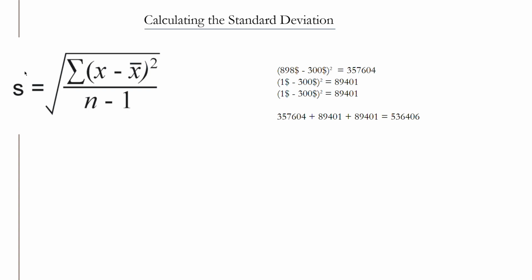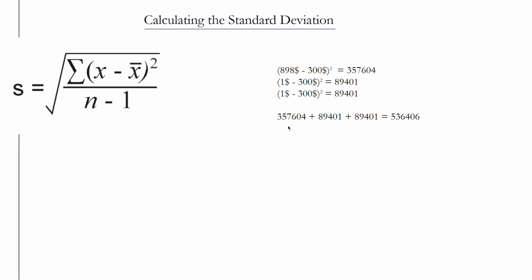But be aware, this is the formula for the standard deviation of a sample. In our case here, we are actually finding the standard deviation of a population, since we're only talking about the company and there are only three people in this company. The difference between population standard deviation and sample standard deviation is that for the sample you do this minus 1, but for the population you do not do the minus 1.